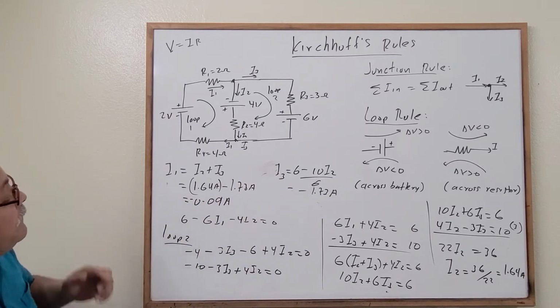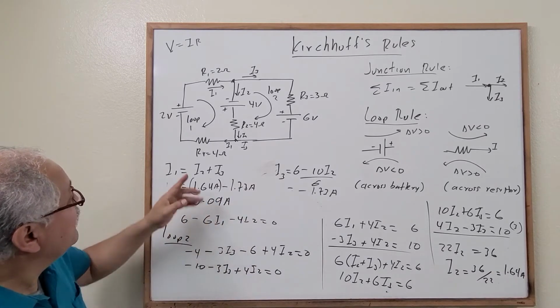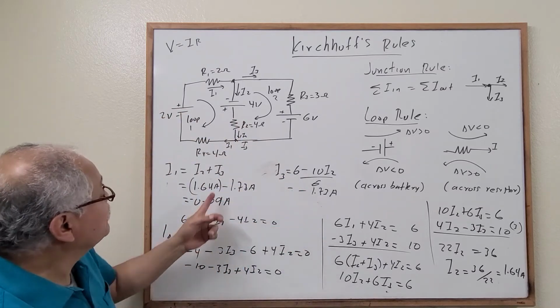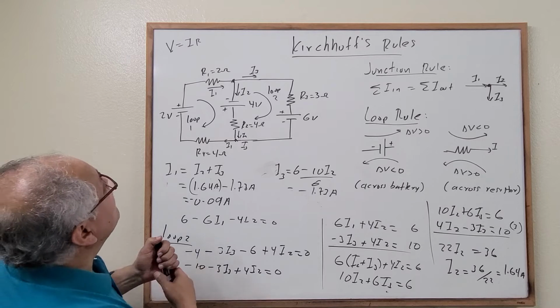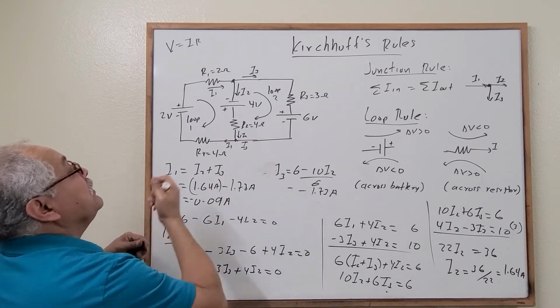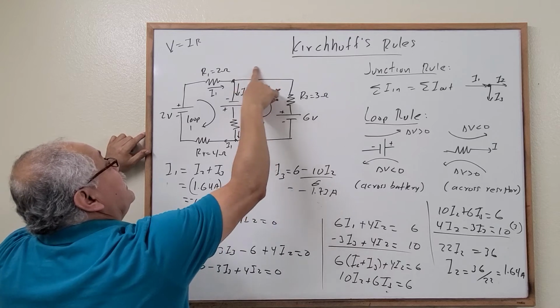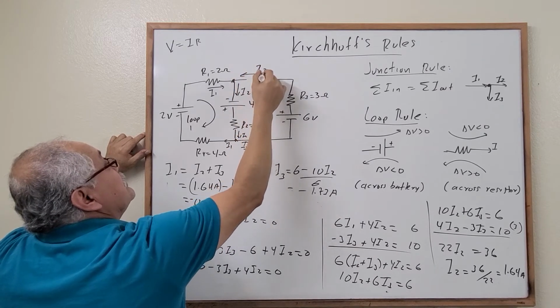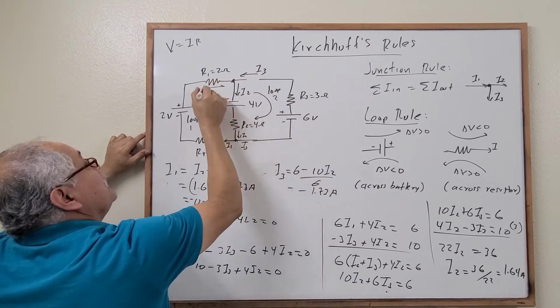It means that with these steps we calculate the magnitude and also the directions. In this case, the right direction is this one. Current 3 goes in this direction, current 2 is correct, and current 1 goes in this direction.